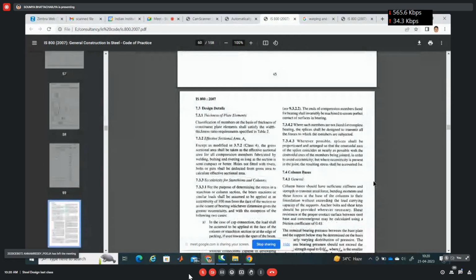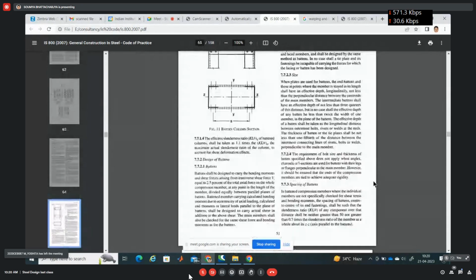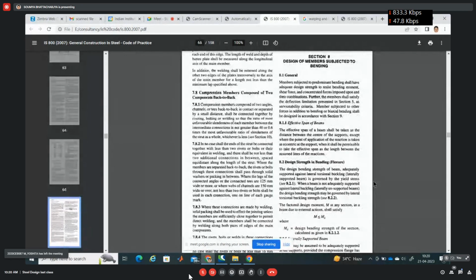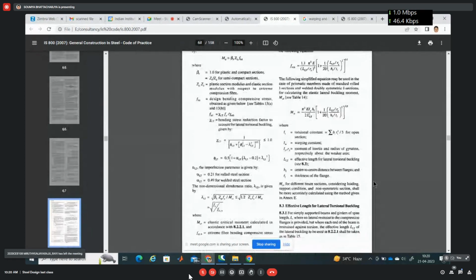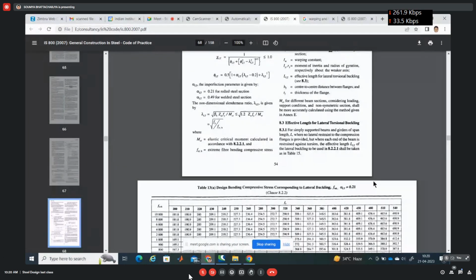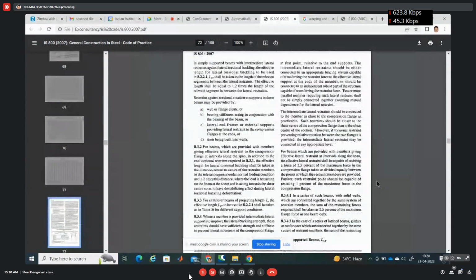But the definition of both these are different. For fixed or hinged cases, the effective length is different for different compression members. So the condition of the end, whether fixed or hinged, is the basic criterion for deciding effective length of compression members.